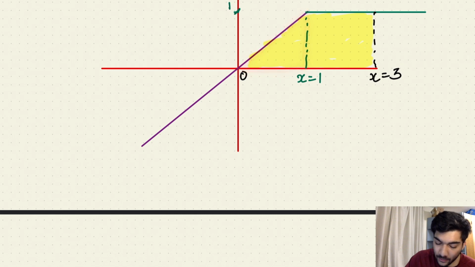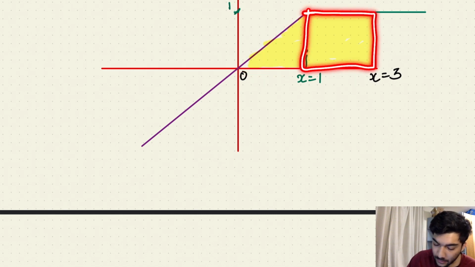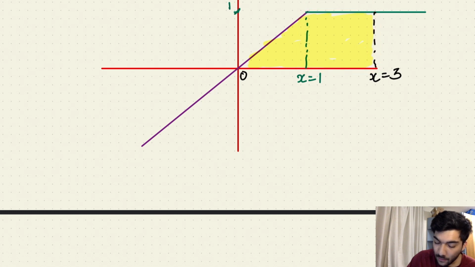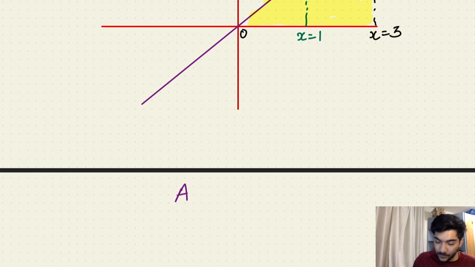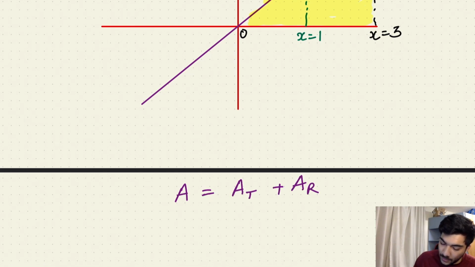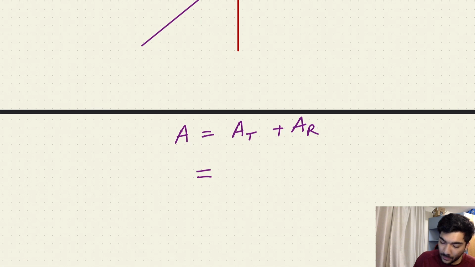And now since I have to calculate the total area, it's pretty easy, right? I have a right angle triangle with base 1 and height 1, and I have a rectangle with base equals 2 and height equals 1. So let's calculate the total area, which would be the area of the triangle plus the area of the rectangle. The area of the triangle is half times base into height, and my base is 1, height is 1.